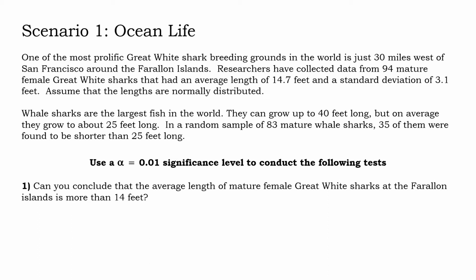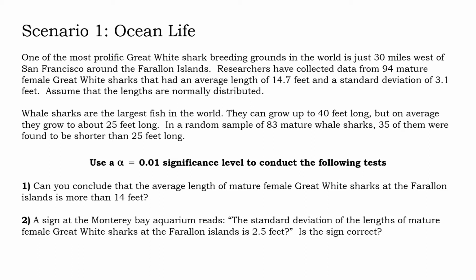So the first thing we're going to try and test is we want to know if we can conclude that the average length of mature female great white sharks at the Farallon Islands is more than 14 feet. The second theory, or we can look at it as trying to answer a question about the population, is this: there's a sign at the Monterey Bay Aquarium, and it reads the standard deviation of the lengths of mature female great white sharks at the Farallon Islands is 2.5 feet.